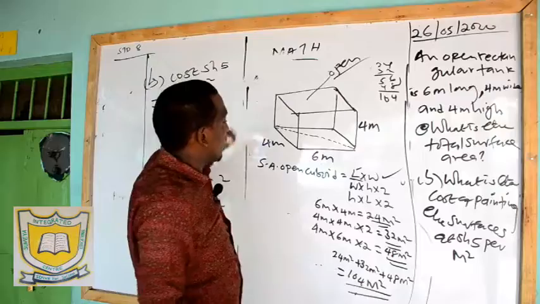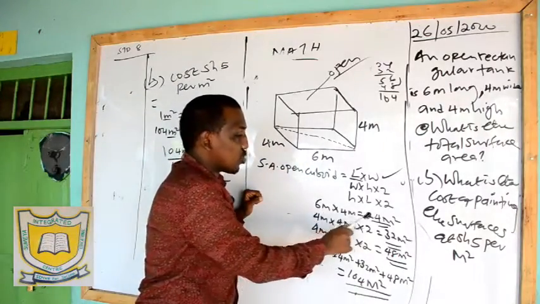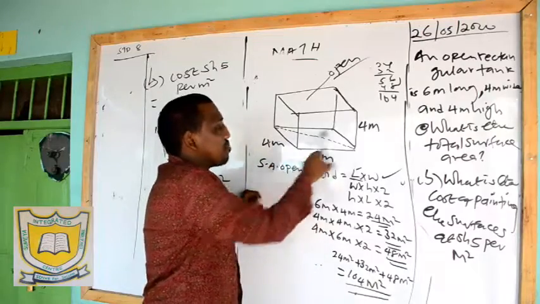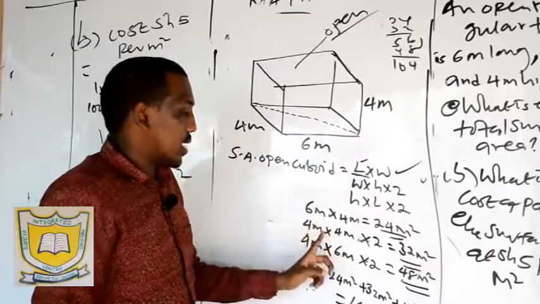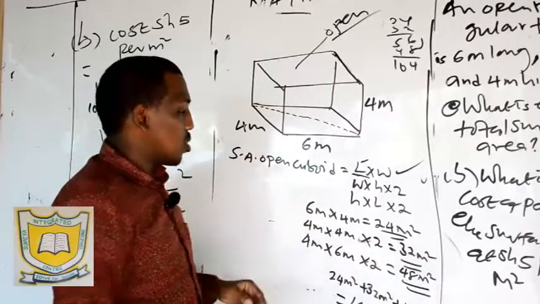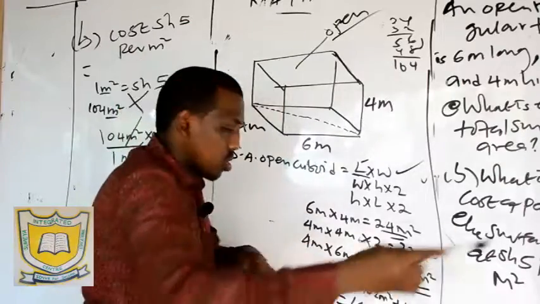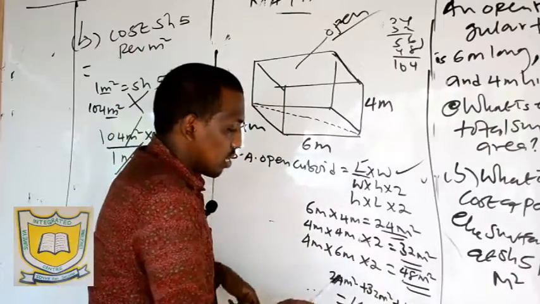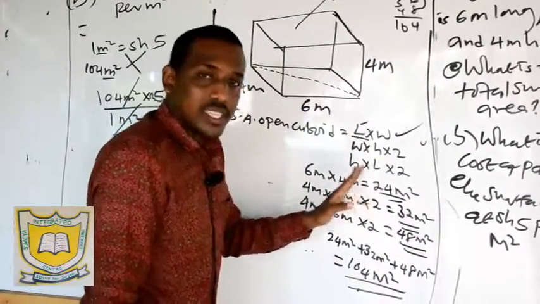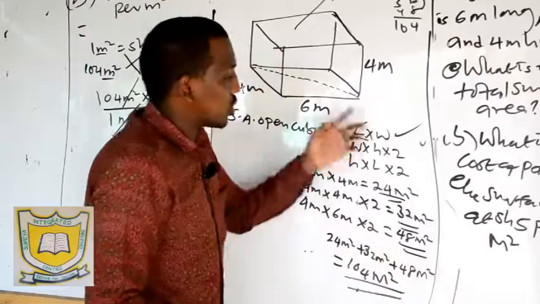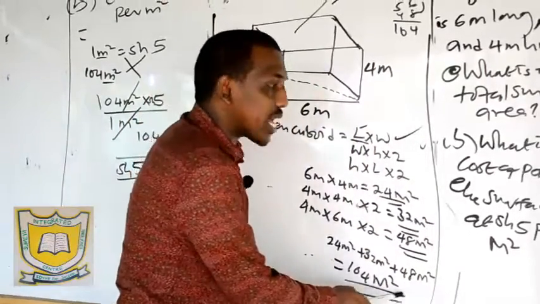So length times width, which is 6 times 4, 24, plus width times height times 2 also, 4 times 4 times 2, which is 32, plus height times length, 4 times 6 times 2, which is 48. 24 plus 32 plus 48 is 104 meters squared. Yesterday we said everything is times 2, but for this one length and width is only one, the base, since the top is open.